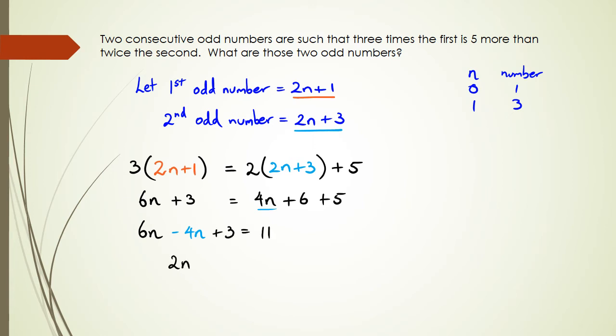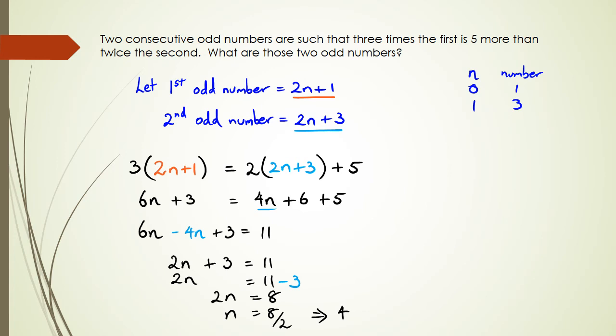So what I have is 2n plus 3 equals 11. Then I can say 2n equals 11 minus 3. And then I have 2n equals 8, and n equals 8 over 2, which states that n equals 4.